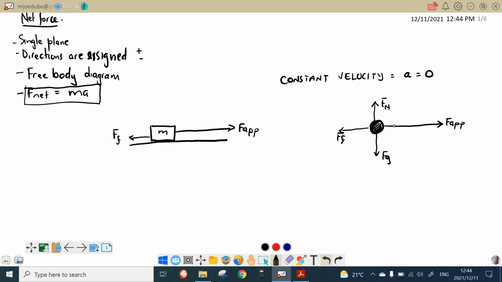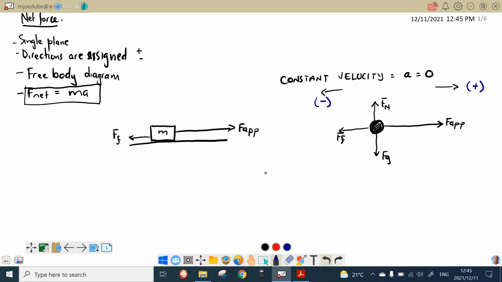So now, what you need to do is first assign directions. If we've got a direction moving to the right, and you've also got forces acting to the left, as your FF is, you then assign the direction. So in this case, if I choose that the forces acting to the right are going to be positive, then the forces that are acting to the left, I'm going to call them negative.